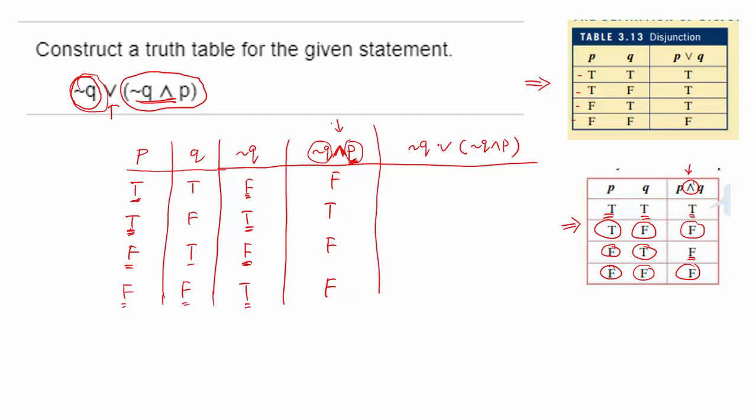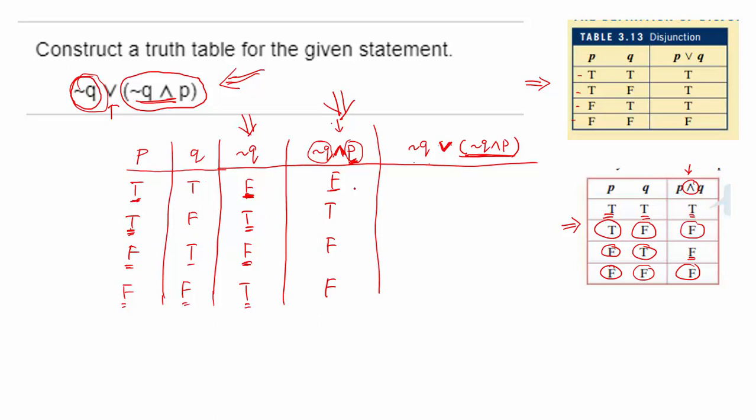Now you're ready to decide the truth value of the final compound statement. So the negation of Q, and this piece, the truth value of this piece, is here. So basically you're going to look at this column and this column, and they are connected by an or.